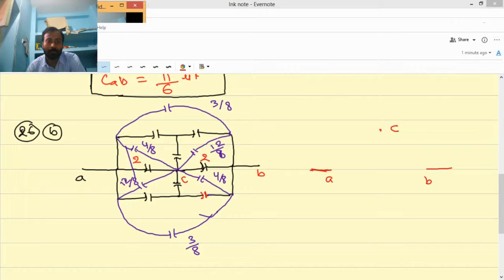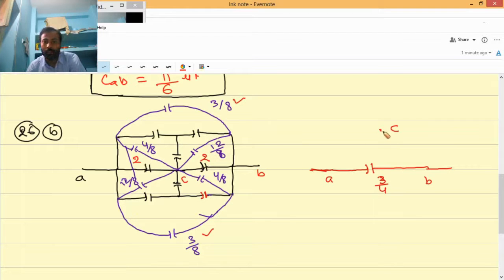Since these 2 terms are in parallel combination, and for the case of capacitance parallel combination is added, it will be 3 upon 8 plus 3 upon 8, so 3 upon 4. So for these 2 branches in between A to B, we have taken this term and this term, so no issue with this.